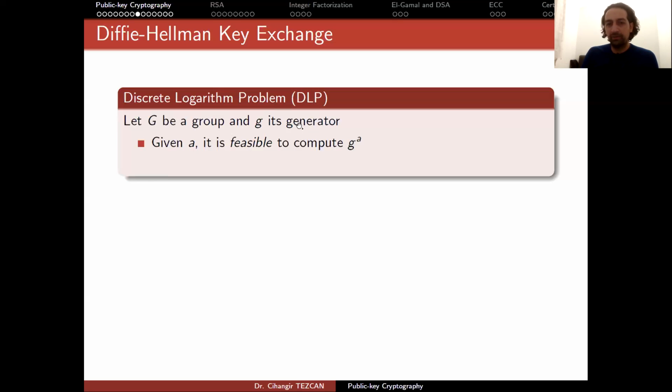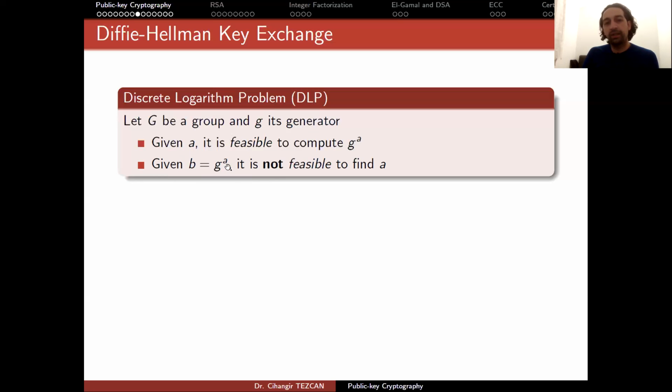So assume that for this representation, let's think that this is a multiplication, let's say. But we will see an example. Given b, which is the result of performing the group operation a many times on g, in this case you know b and g.